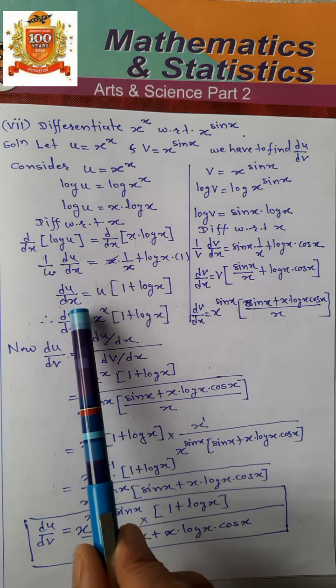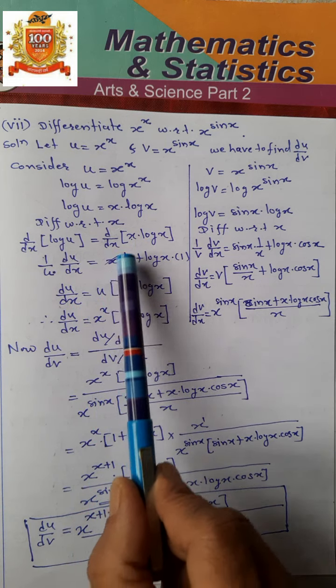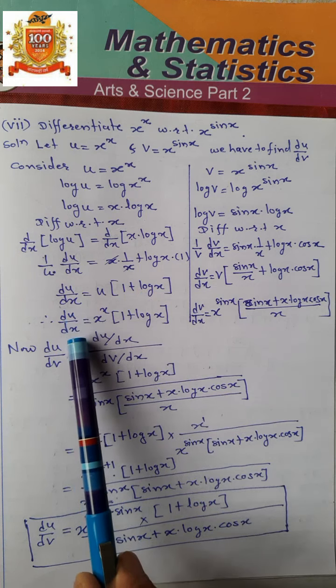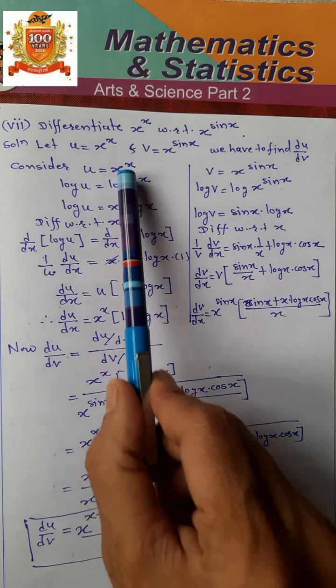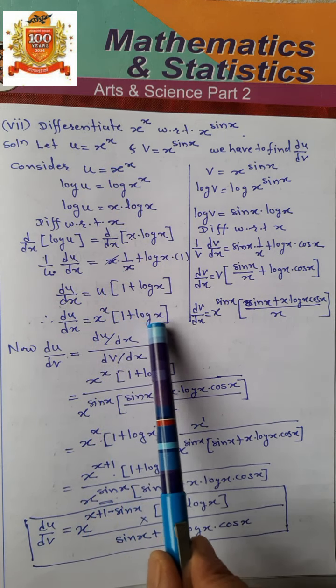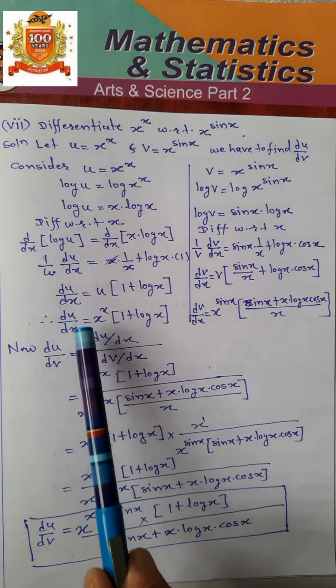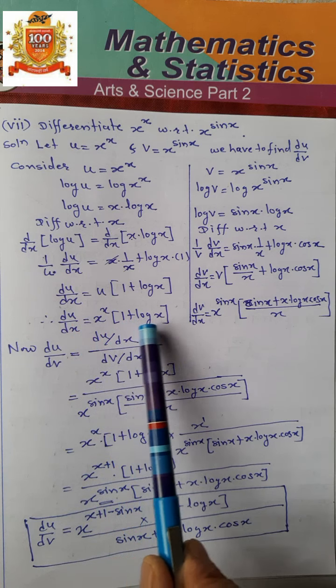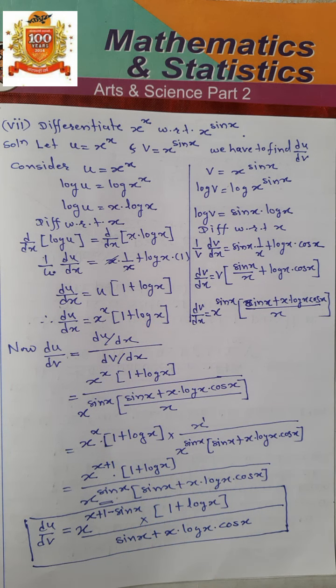Therefore du by dx is equal to u in bracket, x gets cancelled, 1 plus log x. Put the value of u, x raised to power x in bracket 1 plus log x. Therefore we have du by dx is equal to x raised to power x into bracket 1 plus log x, isn't it?